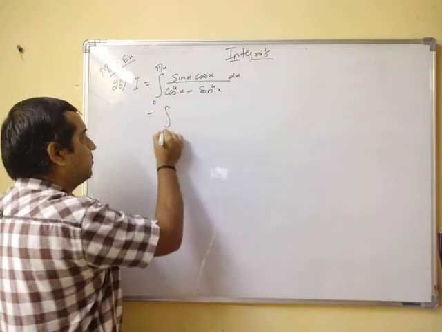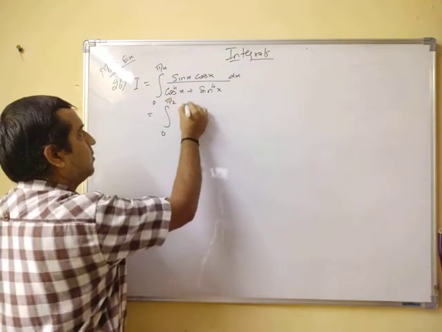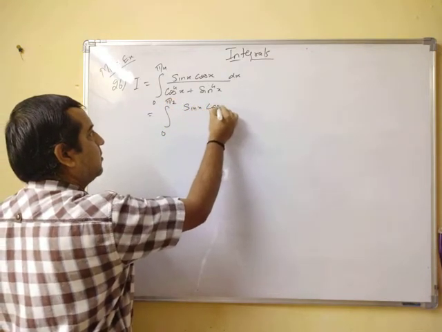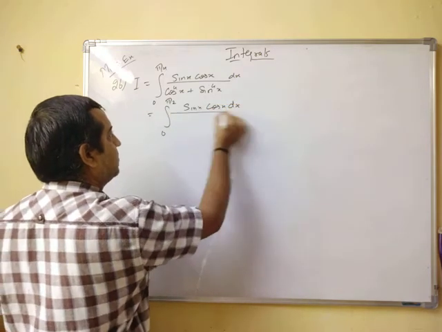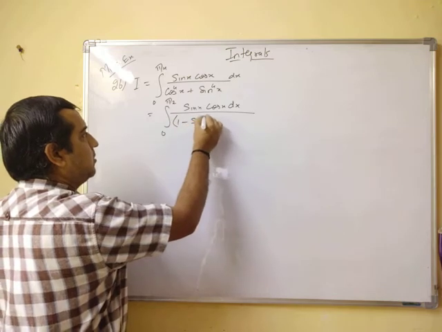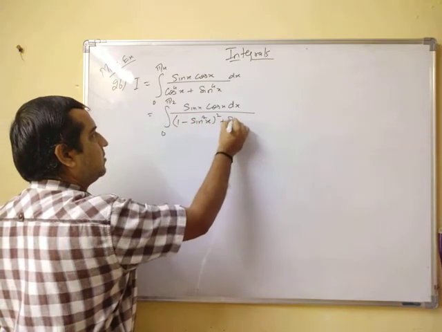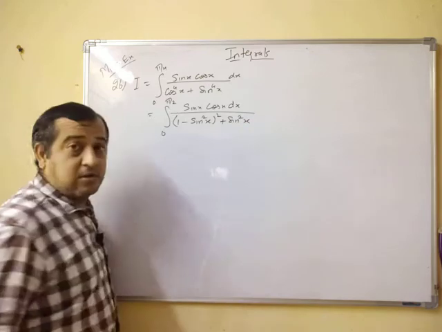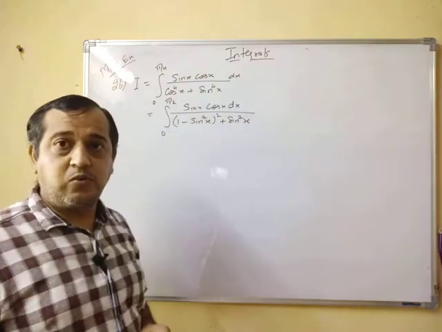In this case, you have sin x cos x dx upon this. You can write it as 1 minus sin square x bracket square plus sin square x. Means here you are having cos raised to 4x.